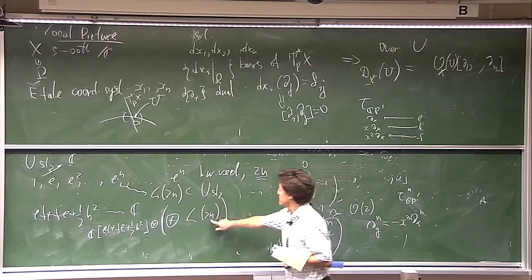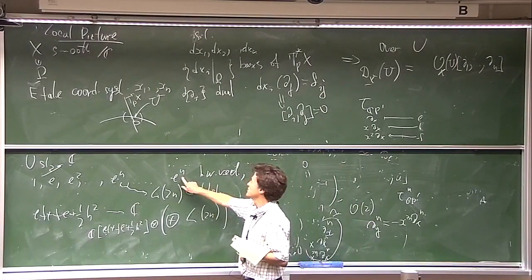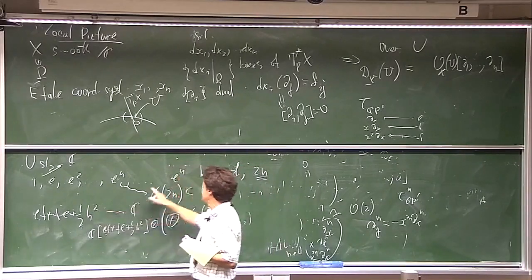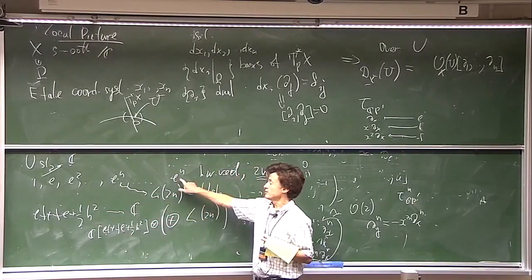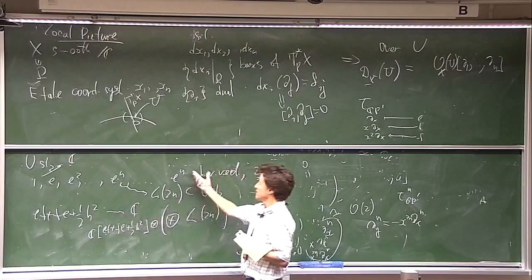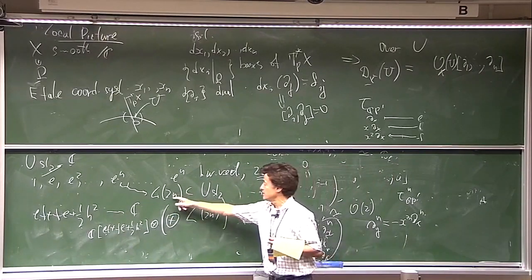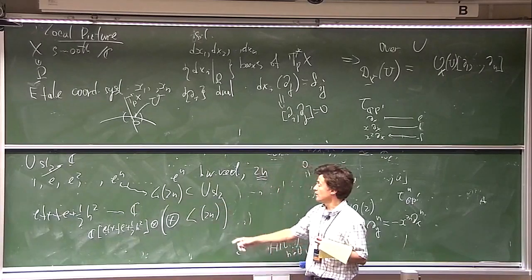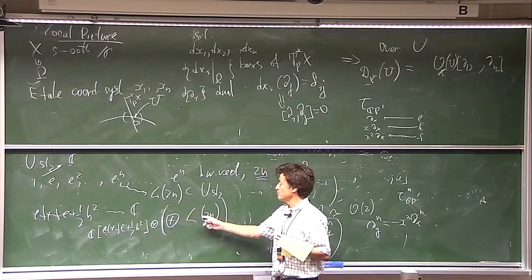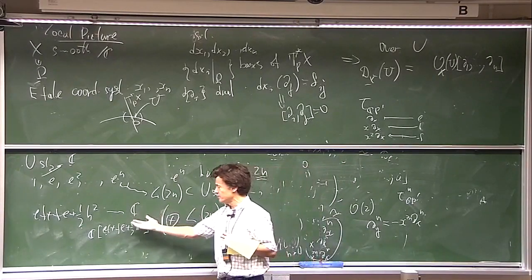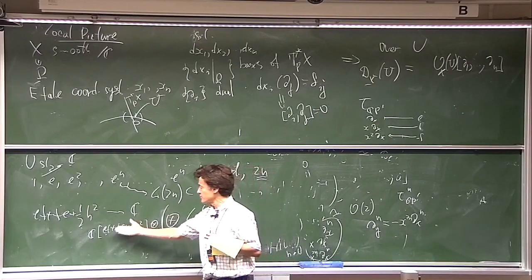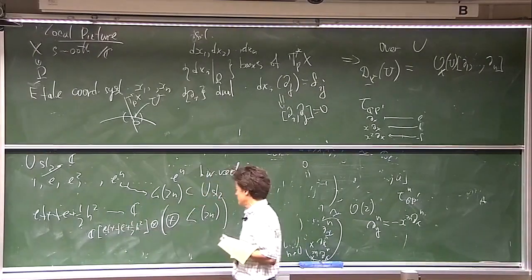If you have one such module, generated by e to the n, then multiplying this by any polynomial in those, you'll get another element of U of SL2, and it will always also be such a module. So these modules enter the whole algebra with infinite multiplicities. And at least there is one for each element of this polynomial ring.